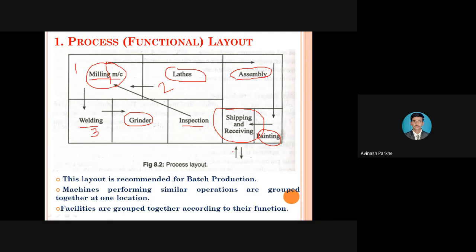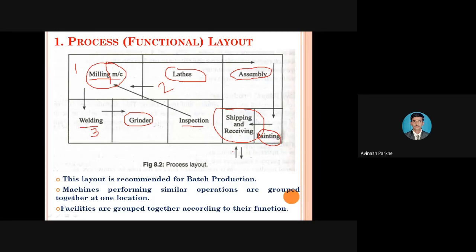Only I have to use the milling compartment and the welding compartment. So at that time, I will not move to the lathe compartment or the grinding compartment. Directly, I can take that product to the milling machine and perform milling. After milling, I can perform the welding operation, and immediately I can take that component for painting, and finally your product is ready.